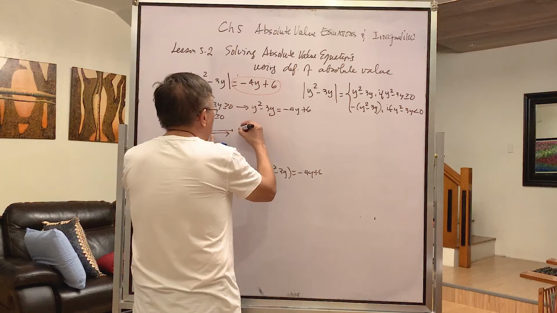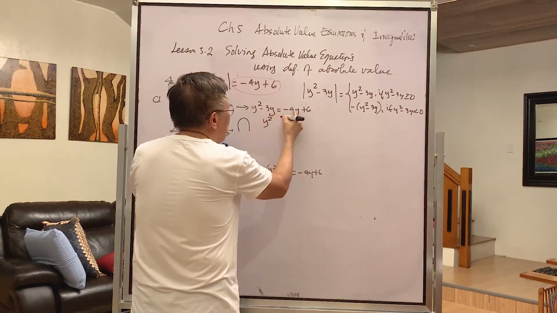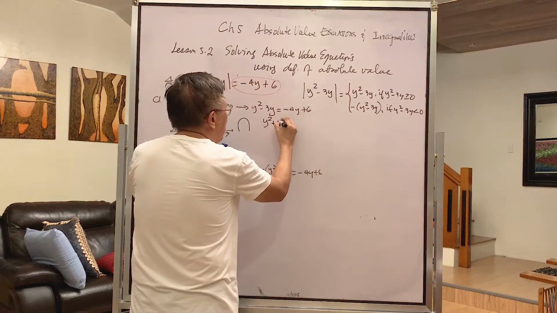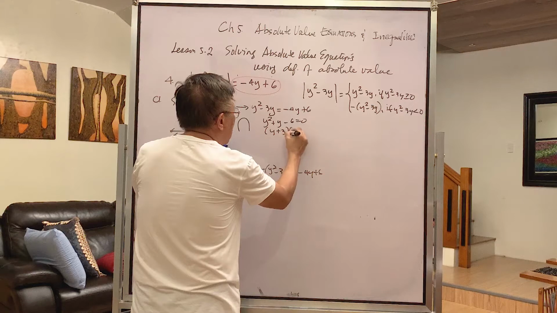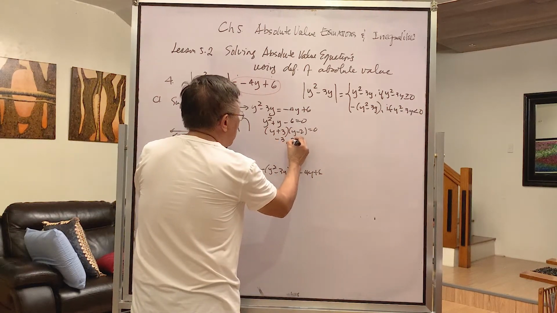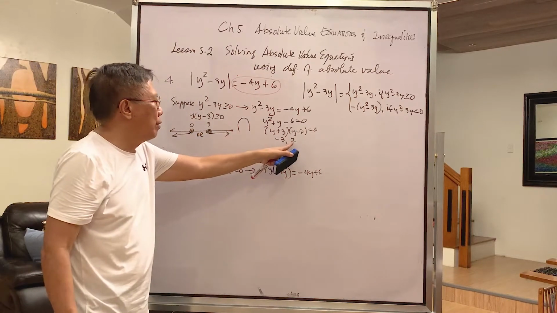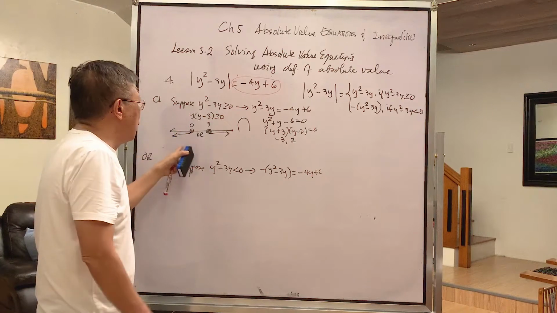Now, let's find out. We will intersect it with the solution of this equation here. Y squared plus y minus 6 equals 0. And this is factorable. I will get two values, negative 3 or 2. Now, let's look at negative 3 or 2 if they are in this interval.